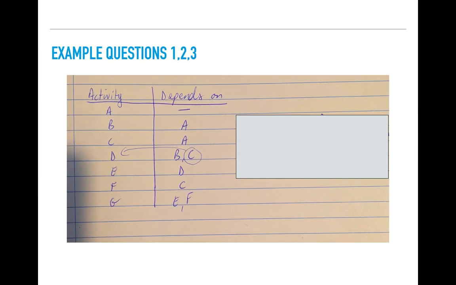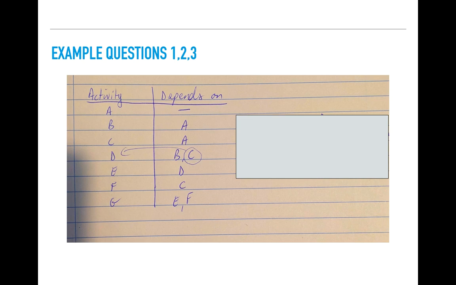So what do we know straight away? Well, A comes out of the start node. If we look at the right-hand side, G is missing, so G will go into the sink node. Other things that we should note there, A appears twice on the right-hand side, and if it appears twice on the right-hand side, it means that both B and C there will come out at the end of activity A. We also notice that on the line that says D for the activity, it depends on B and C, and F also depends on C. So I circle the C on the more complicated line, and I'm going to ignore that to start with.